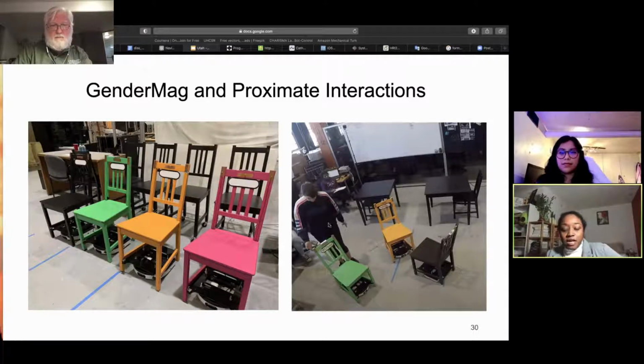In this picture to the right, we see a participant using her hand to touch the chair, and based on her touches, the chair will move right, left, forward, backward. There was also the ability to select more than one chair at the same time and move them together, which came in handy, but also introduced problems to participants.